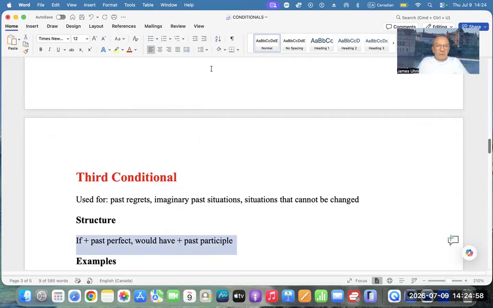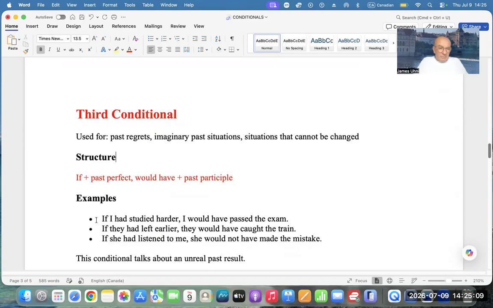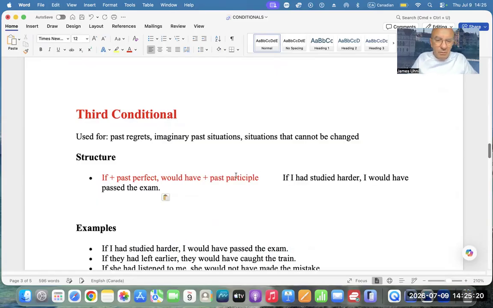Well, this is really interesting because it's past perfect and past participle, but they are not together. So let's see examples. I will copy the first example and I will write it right here. Okay.